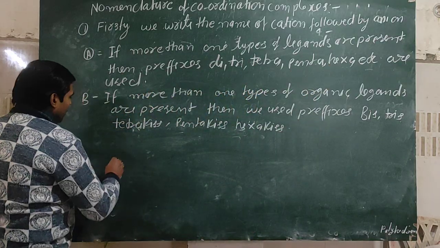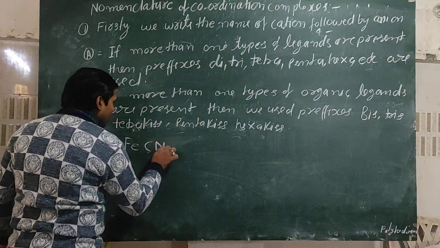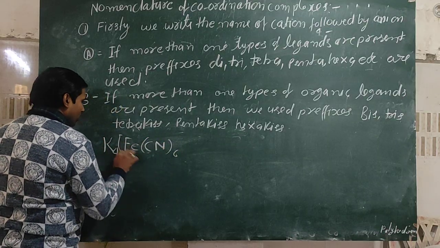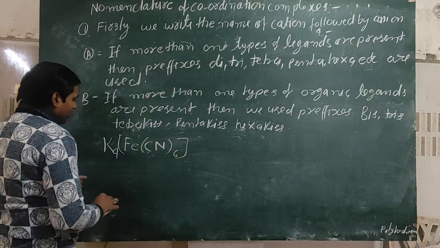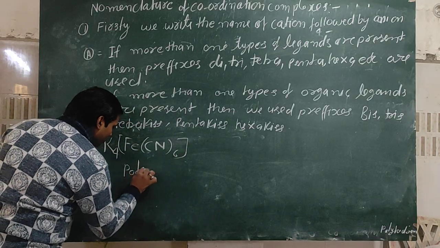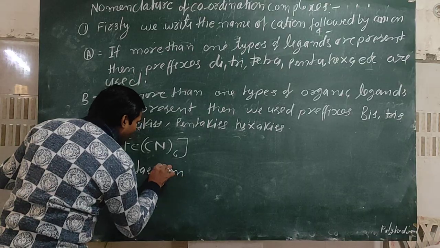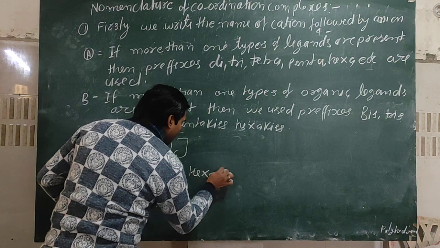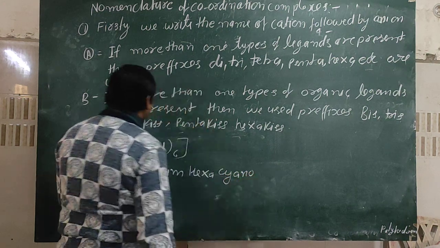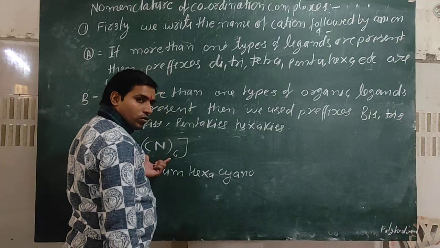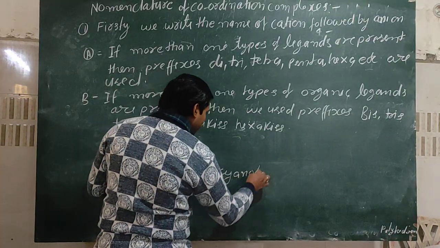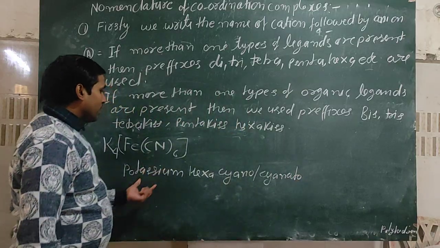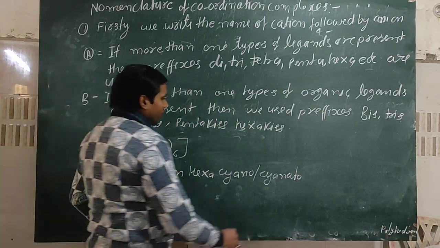For example, K4[Fe(CN)6] is named potassium hexacyanoferrate(II); you can write cyano or cyanato.